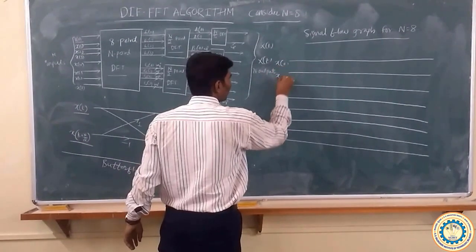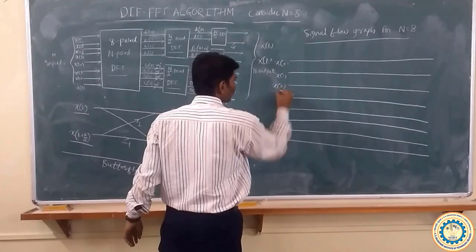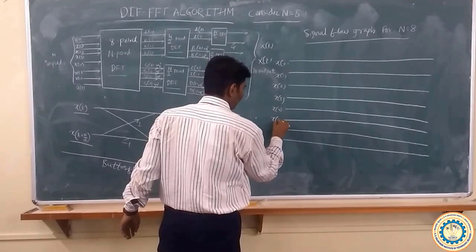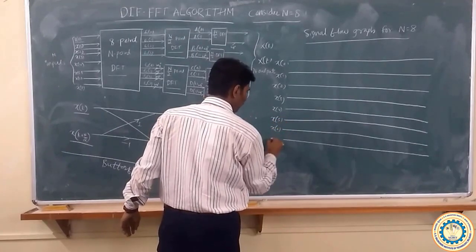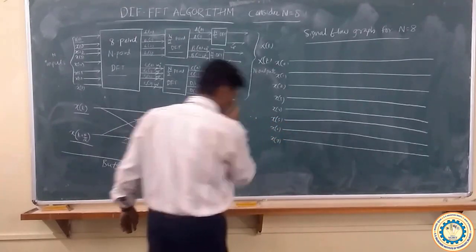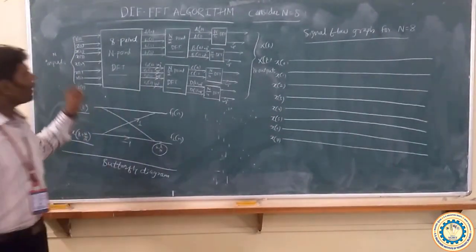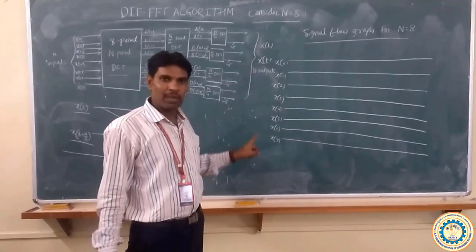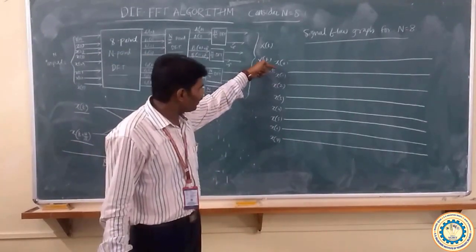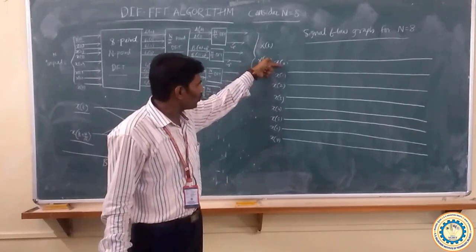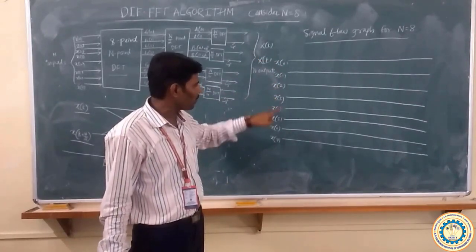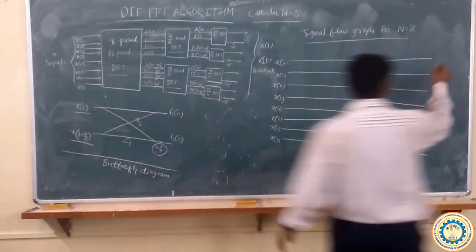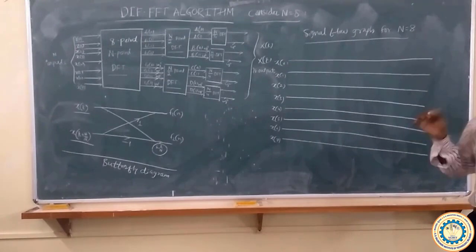In case of the DIF-FFT algorithm, all the inputs are in natural order, that is x of 0, x of 1, x of 2, up to x of 7. But the outputs x of k are in bit reversal order.